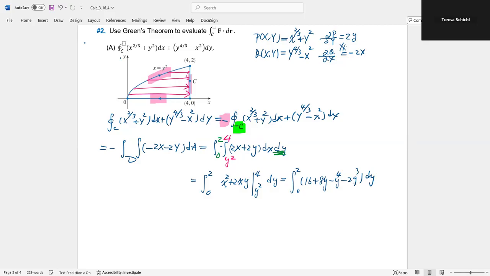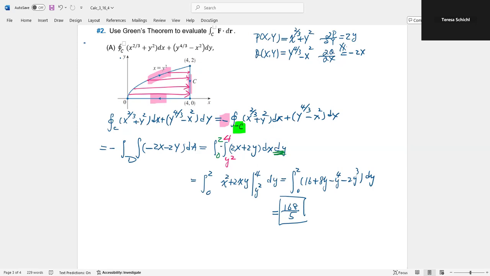Then it's pretty easy, just the power rule all the way down, substitute the numbers, and my answer will be 168 over 5. That will be the value of this line integral.